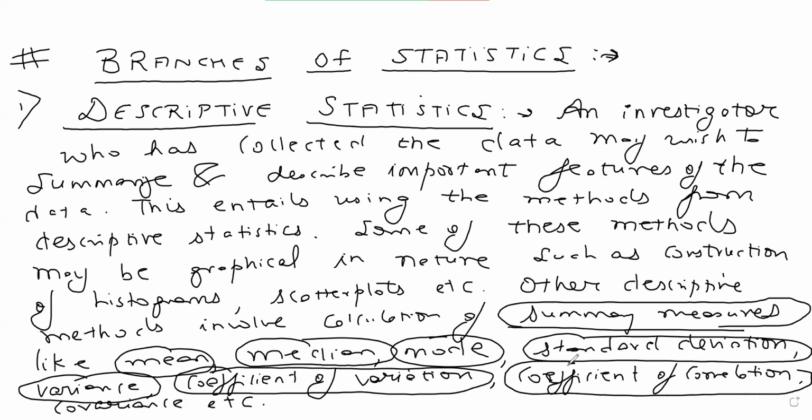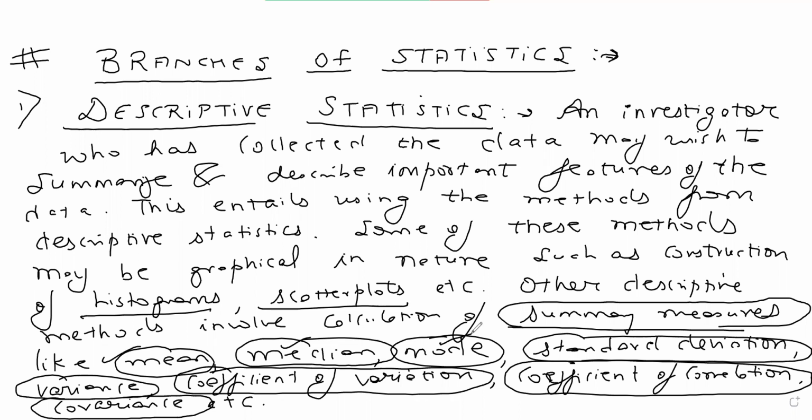Coefficient of correlation is going to capture the degree of linear relationship between any two variables. And so does covariance as well. That means these are all measures of descriptive statistics because they're all going to help the investigator to summarize the data. The investigator is going to show the data through histograms, scatter plots, and the investigator is going to summarize the data through calculating mean, median, mode, quartiles, percentiles.